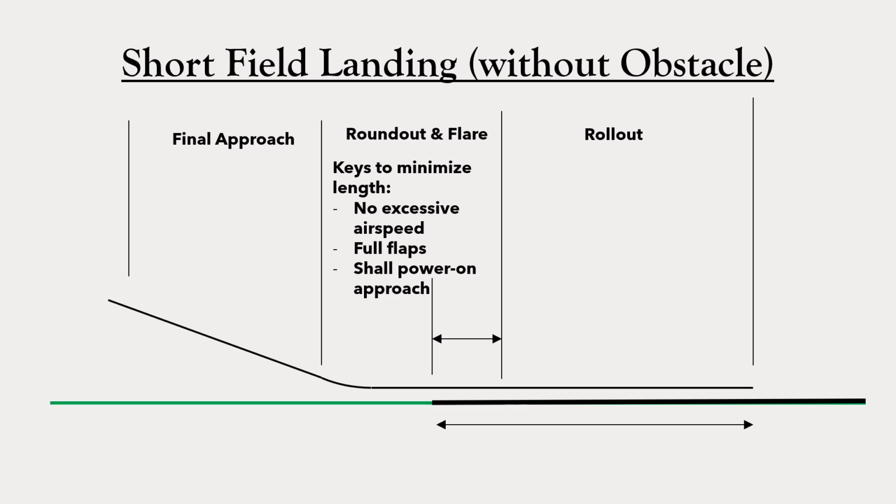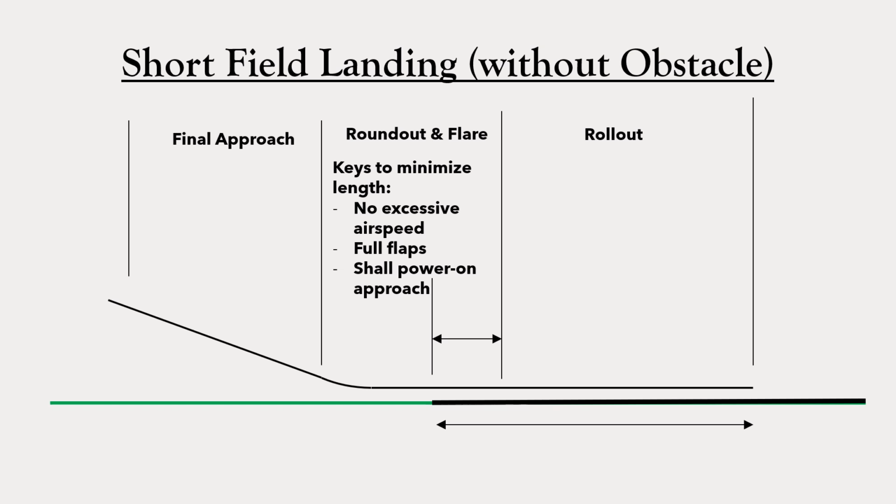It's much easier to control how far you float if it's a small amount. You want full flaps because that's what will both minimize your speed and also put you in a high drag situation, so you'll bleed off that speed rapidly.